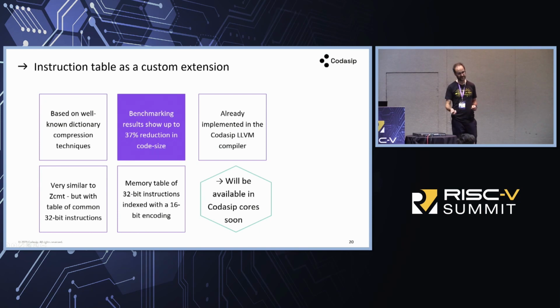Then you can put that in the table and just have a 16-bit instruction, which will then fetch the 32-bit instruction from the table. It's a well-known technique, nothing particularly new, but it's very useful, and we have it in our LLVM compiler now and our implementation shortly.